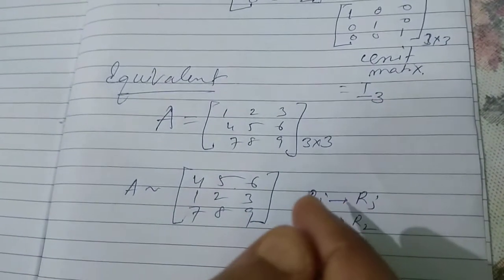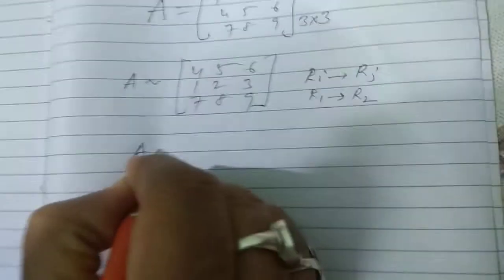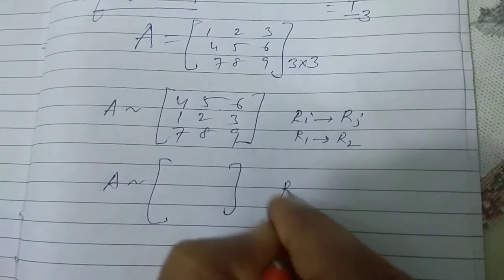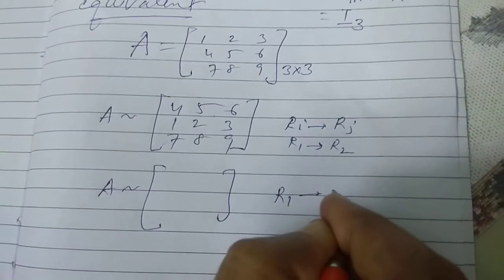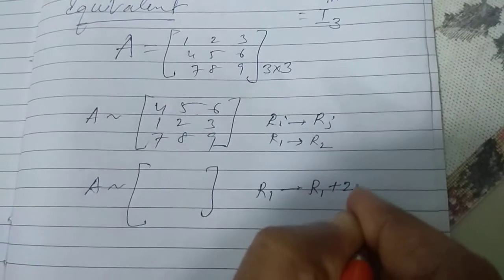this is an equivalent matrix. Similarly, A is equivalent to the matrix where we change R1 to R1 plus 2 into R2.